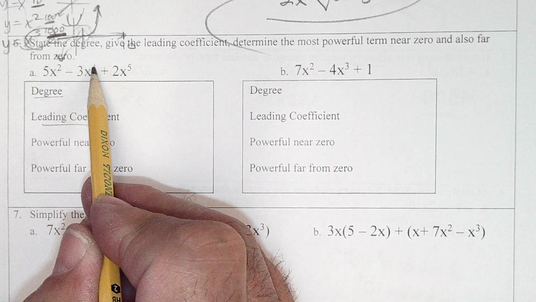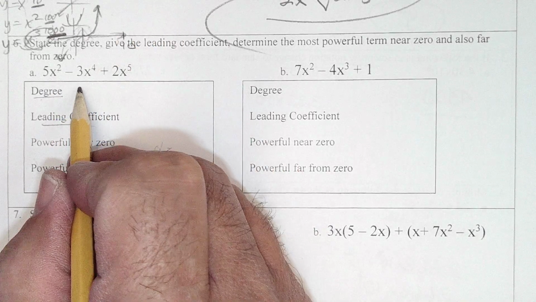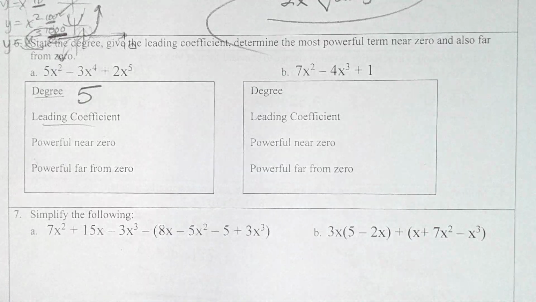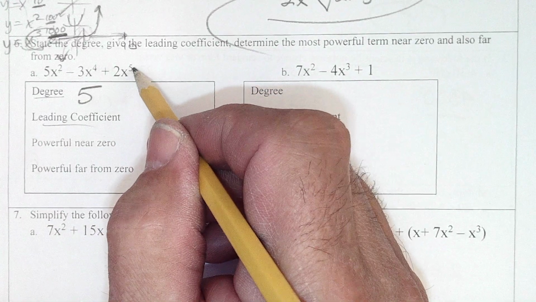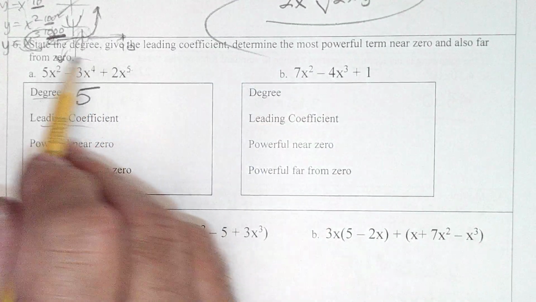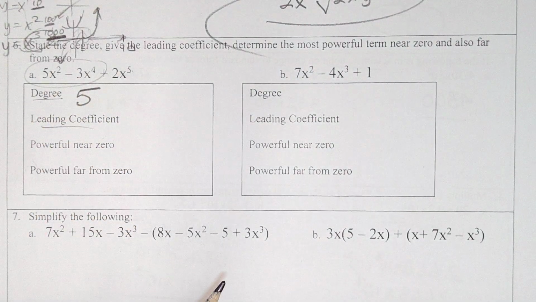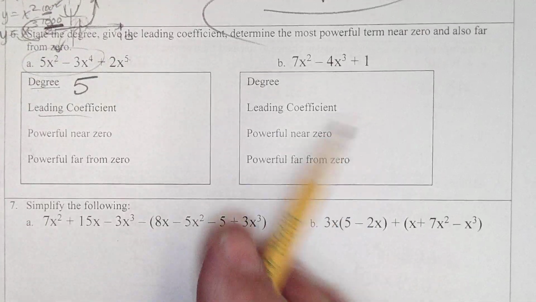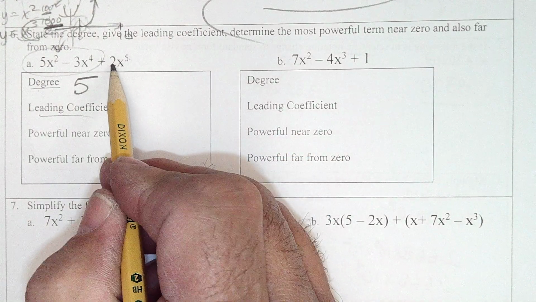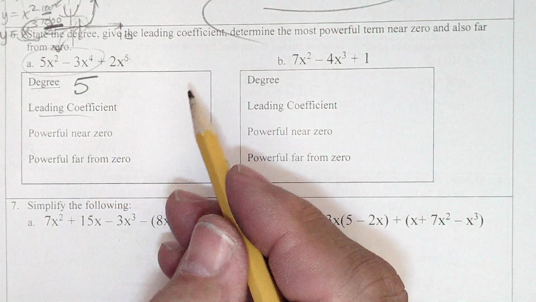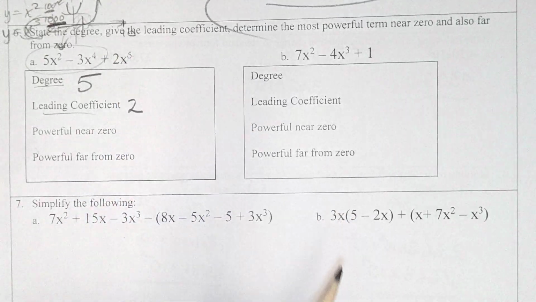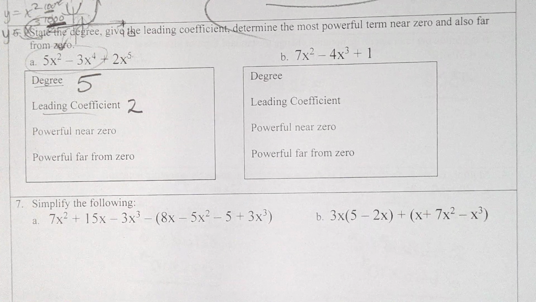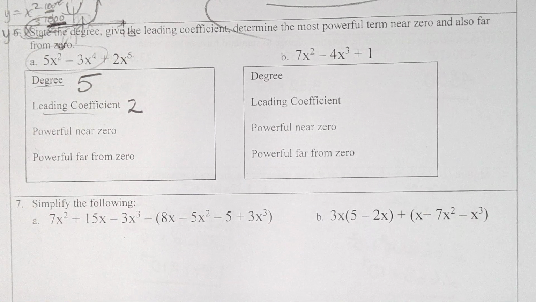So the highest power here is 5. And that's why they want you to know what the degree of this is. It's going to look like x to the 5th with some wiggling in it when you graph it. And how many of those also controls how powerful that term is. Since there's 2 of them, we want to note that number.